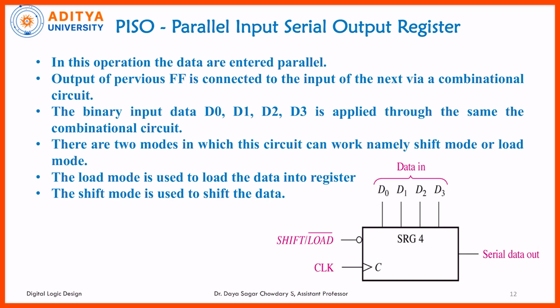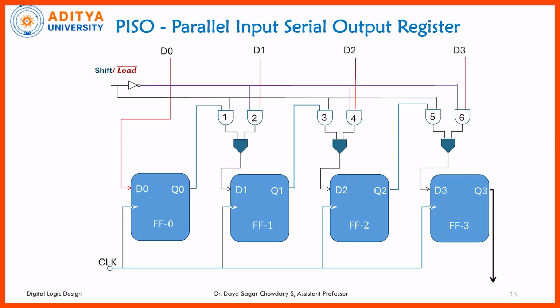Next, parallel input and serial output. This is also one type of register. Now we have to apply the parallel data. At the same time we have to apply D0, D1, D2, D3, and finally we will get the serial output one by one. This is a simple construction of the circuit.